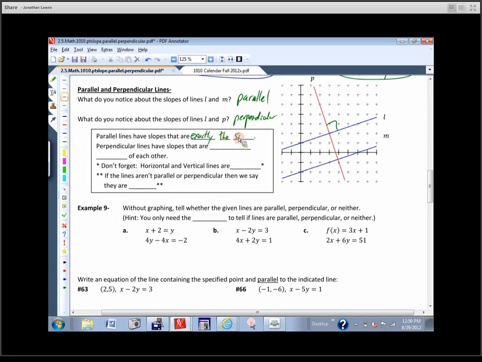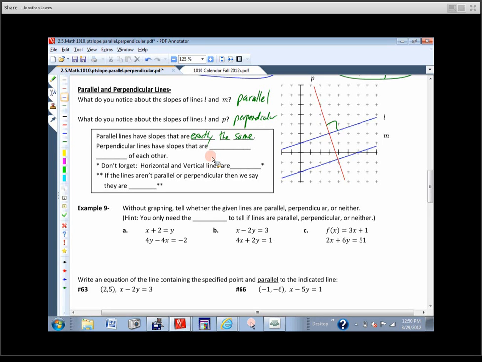I'm going to say it this way, exactly the same. Exact in every way. If one's positive 5/3, the other one's positive 5/3. If one's negative 2, the other one has a slope of negative 2. Exactly the same. Perpendicular lines have slopes that are exactly opposite.